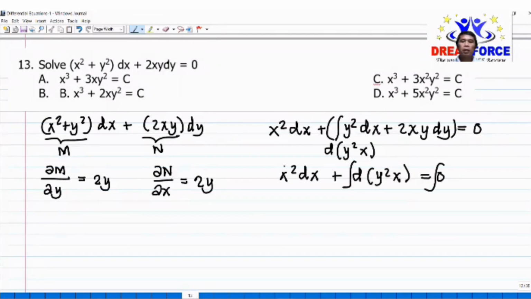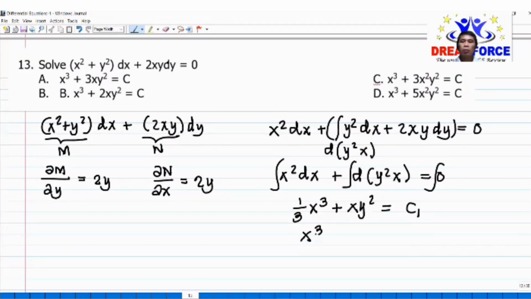So integrate. The integral of x squared dx is 1/3 of x cubed plus the integral of the derivative of y squared times x is the function itself, y squared times x, is equal to c1.